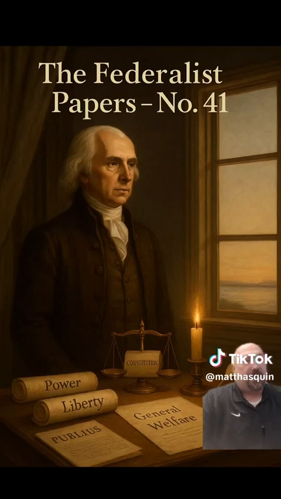Now, when it comes to the general welfare clause of the preamble, the critics feared that the phrase "to provide for the general welfare" would allow Congress to basically do anything. And Madison refutes that point by pointing to context. He says the clause is immediately followed by a list of specific powers.